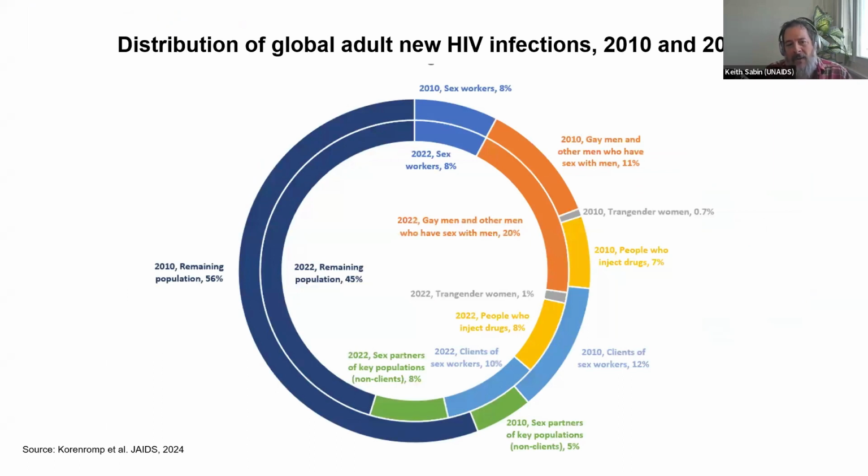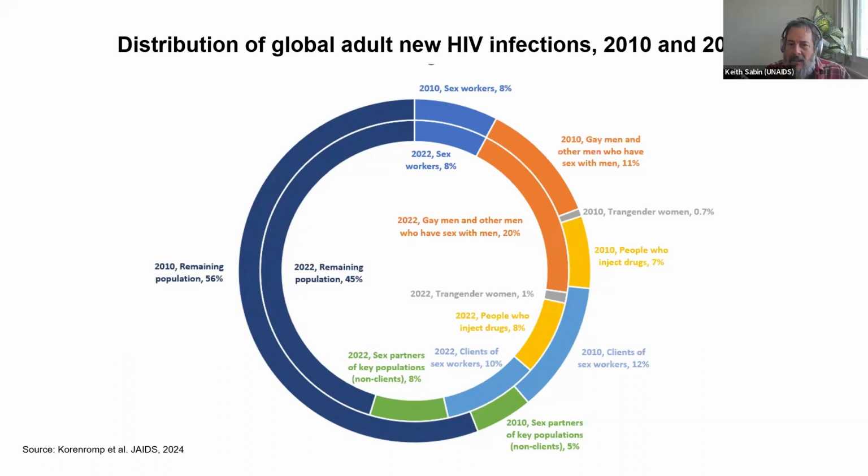Now, many of you may have seen these slides before. This is from a paper, the source is cut off at the bottom of the slide, but this is from a Journal of AIDS article that came out in a special supplement in January of this year. You can go read that if you like. It is open access. Now, this shows, in the outer ring of these circles, 2010, and the inner ring is 2022.